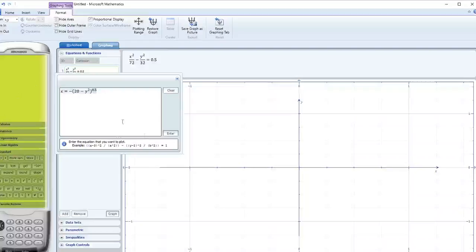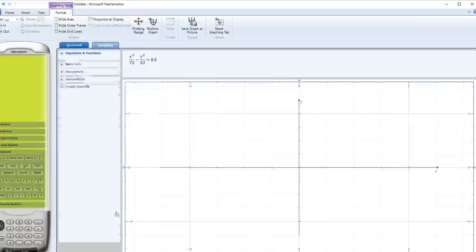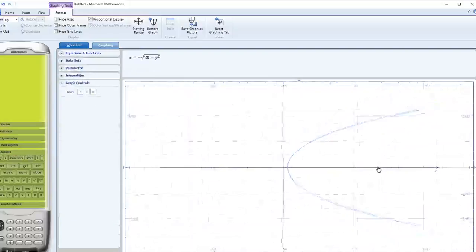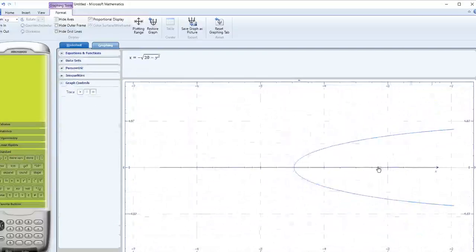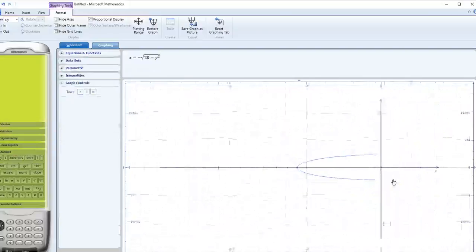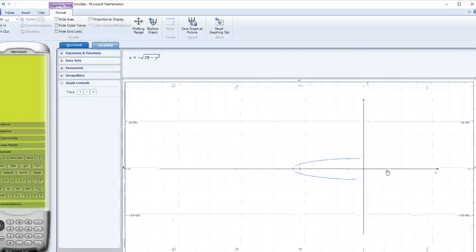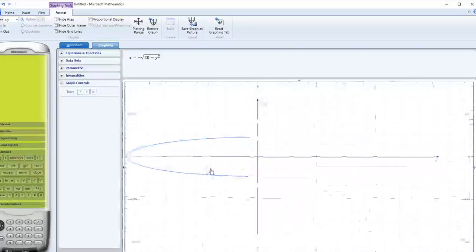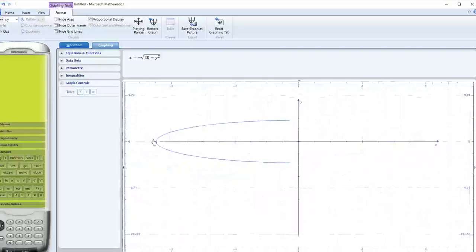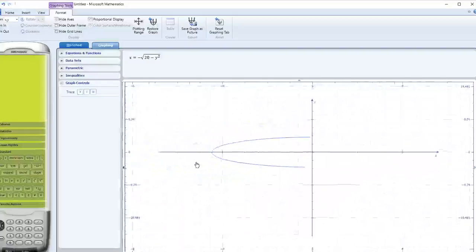Okay, and let's see what that does. Let's see if it plots it. There you go. And there is your half circle.